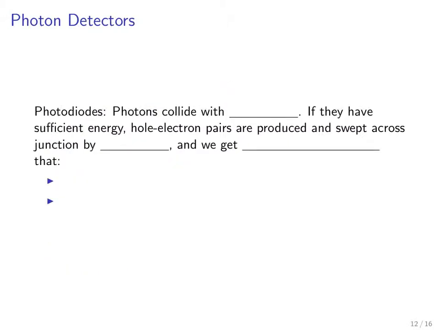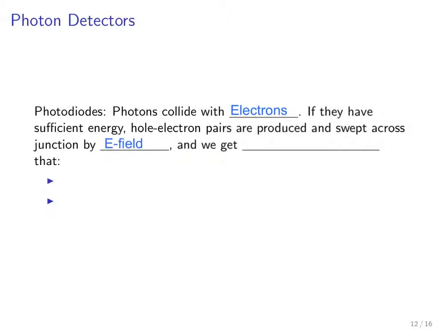Okay, so getting into more detail on photodiodes. In photodiodes, we have photons that collide with electrons in the diode. And if those photons have sufficient energy, then the result of that collision will be that an electron-hole pair will be produced, and that pair will be swept in opposite directions across the junction by the intrinsic electric field built into the junction that we get when we bring the two materials that make up the diode together.